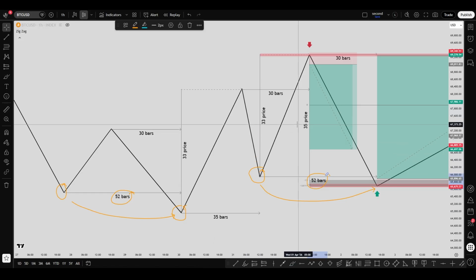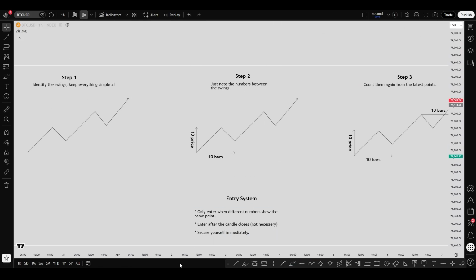So moving on to step 2, note the numbers between the swings. When you see a swing from low to low, it can be from high to high, it can be from low to high, doesn't matter. Just note the distances because they will reappear in future swings. And that's what we are trying to do to predict the future highs and lows.